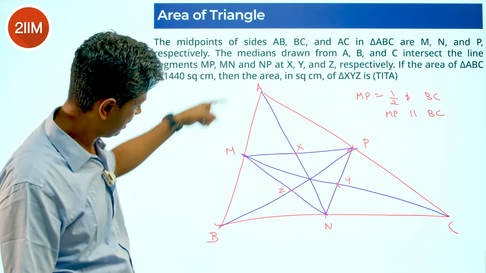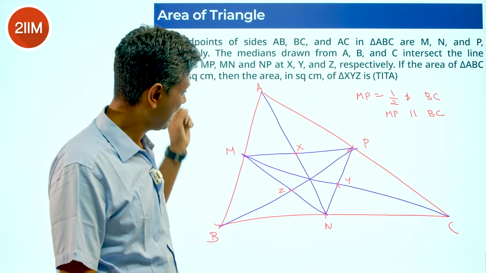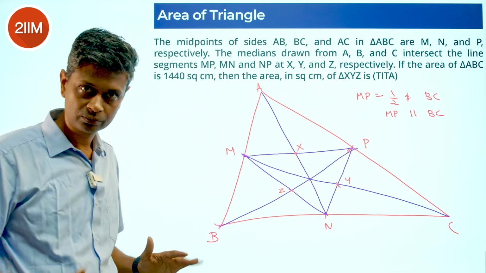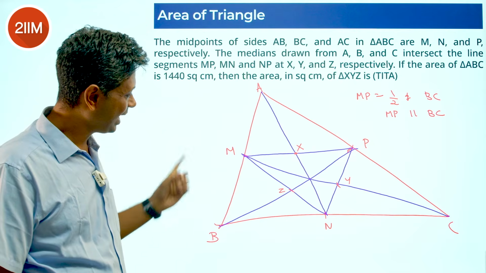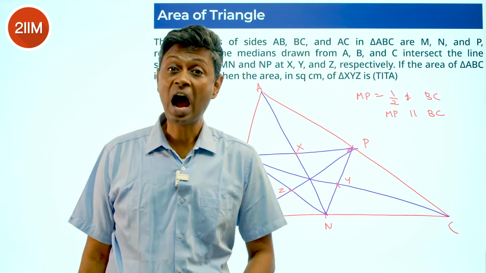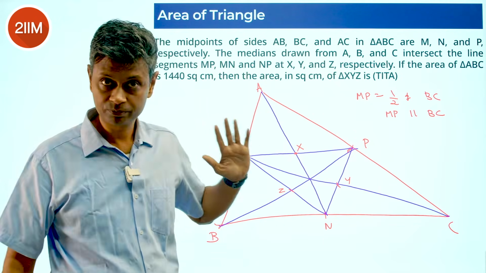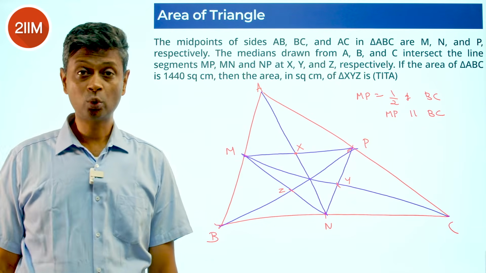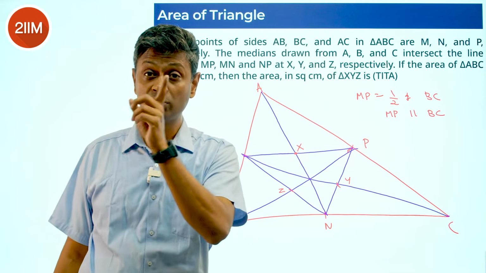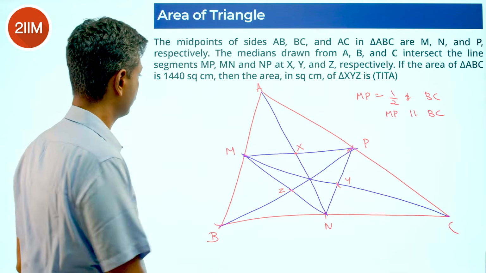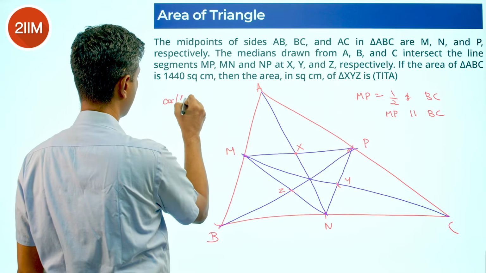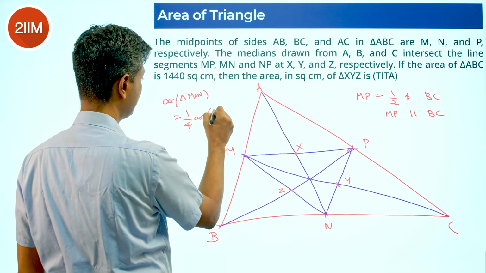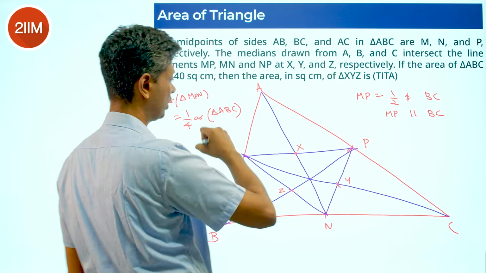Ratio of the sides is AM by AB, AP by AC, MP by BC: half, half, half, done. Beautiful. So triangle MPN has sides half of triangle ABC: MP is half of BC, MN is half of AC, NP is half of AB. So area of triangle MPN is 1/4 area of triangle ABC. Every side is half, area becomes 1/4.